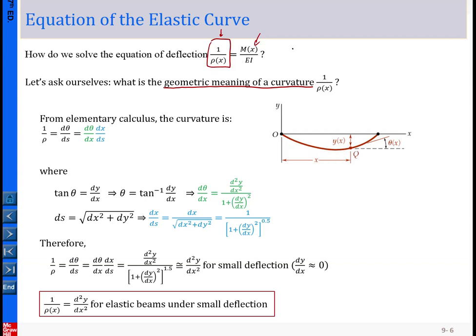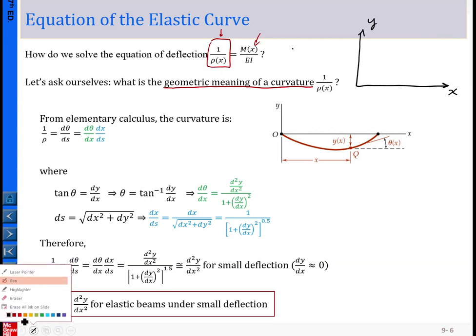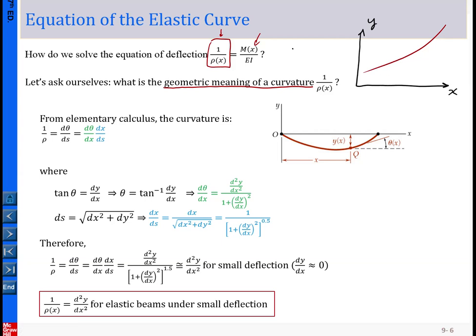Maybe I can draw another one. This curve is from our textbook, but I don't like it. So here we look at the two-dimensional x and y. If we have an arbitrary curve, let me just draw it like this, this curve can be described by y as a function of x. So that's an arbitrary curve.